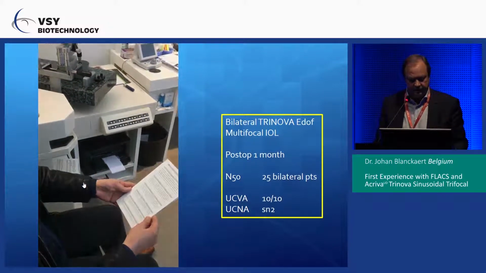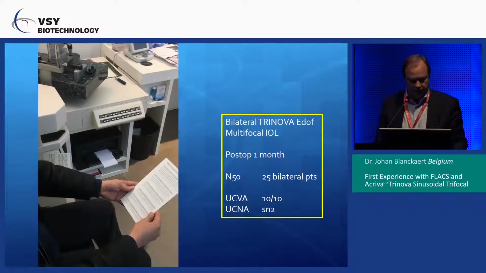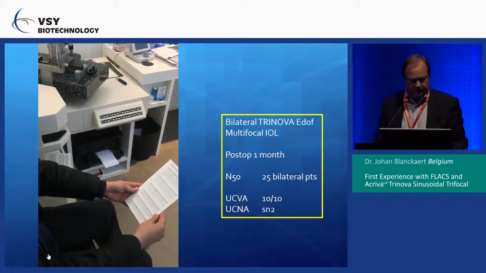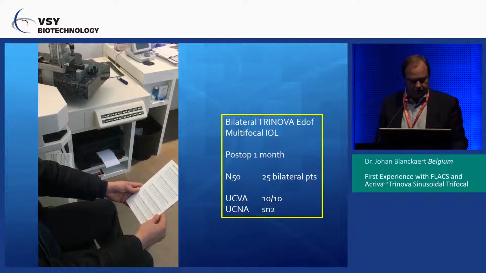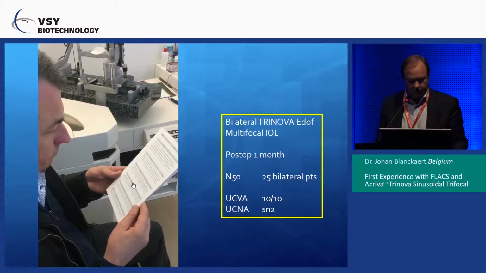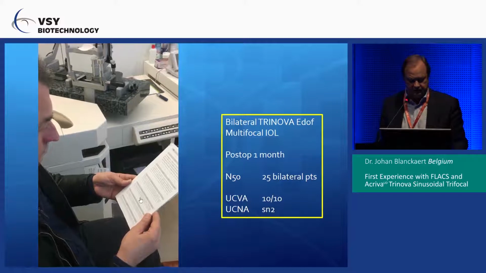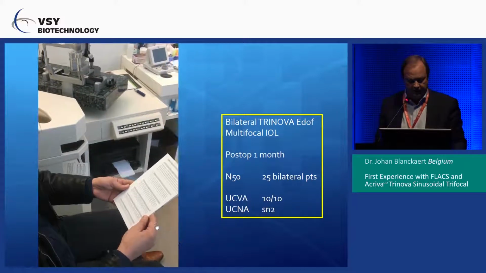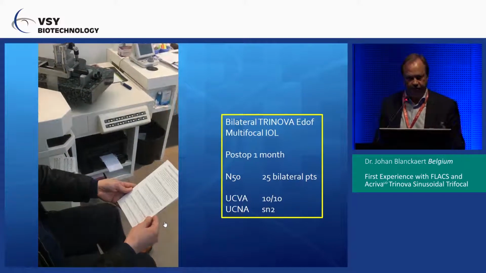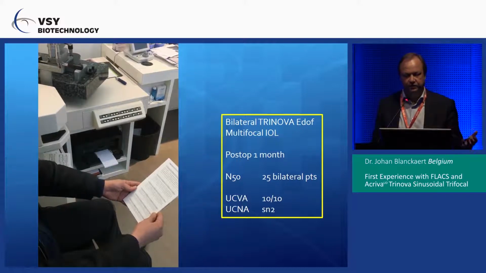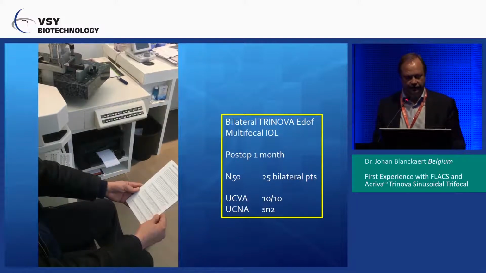This is a patient, and you can see that he's coming from the normal reading distance. He reads the Snellen 2 line, and I ask him specifically to go further on until it's non-clear, until he cannot read anymore.